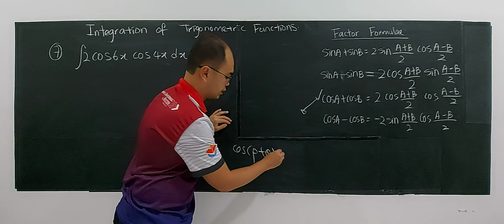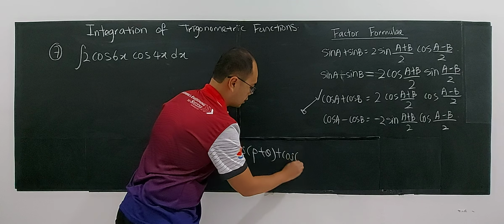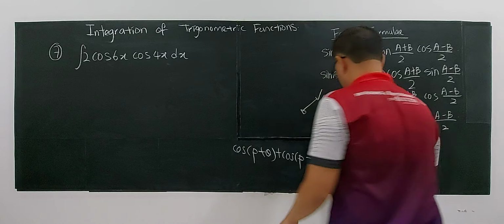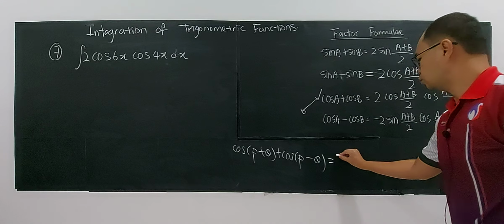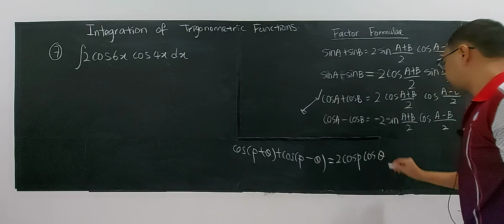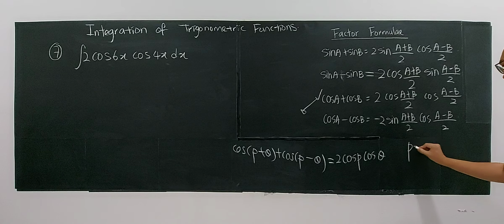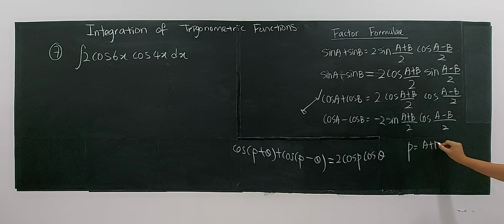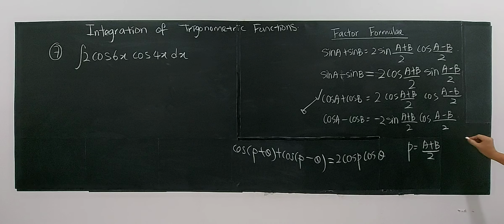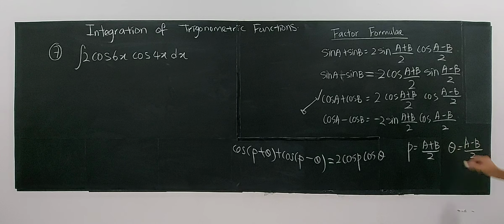It will definitely help you. So cos P minus Q, right? Cos P minus Q, which equals 2 cos P cos Q. Means that you always convert P, as you see A plus B over 2, that is a P. If you see A minus B over 2, then that is a Q, right?